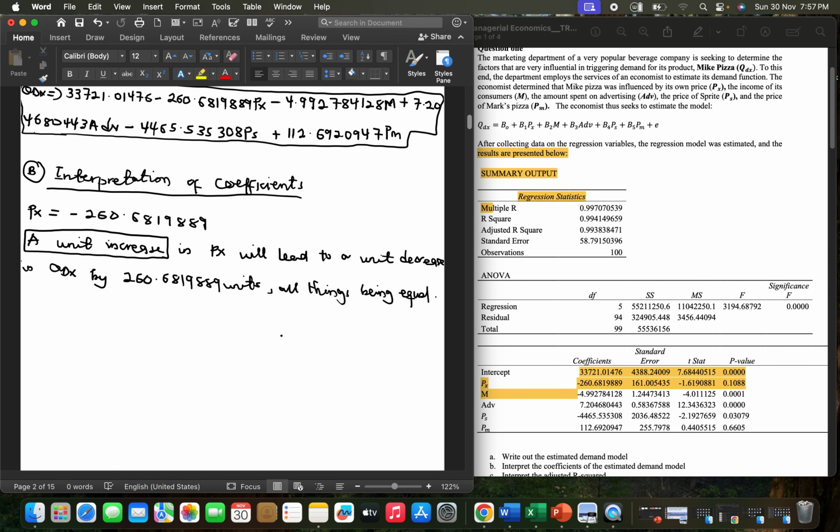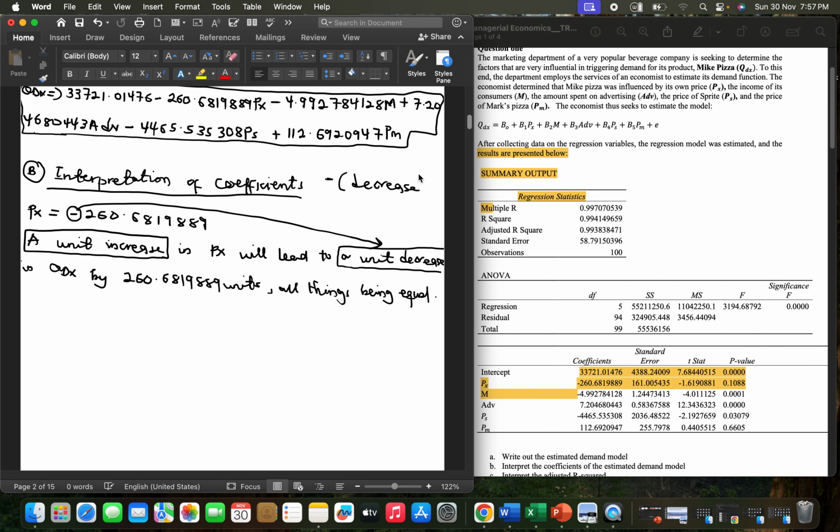Now, it's always this side that changes. If the number given to you is negative, on this side you put decrease. If it's positive, then it's increase.